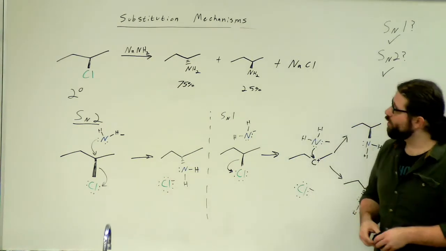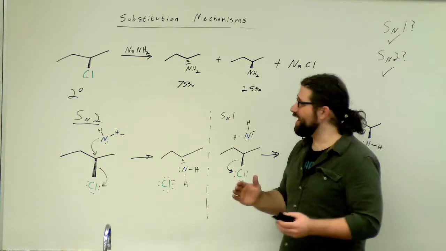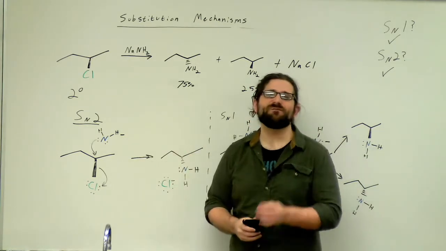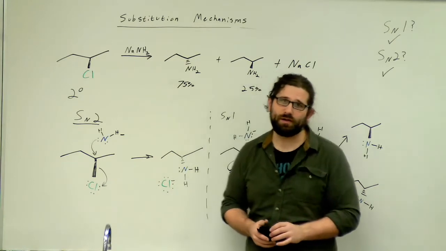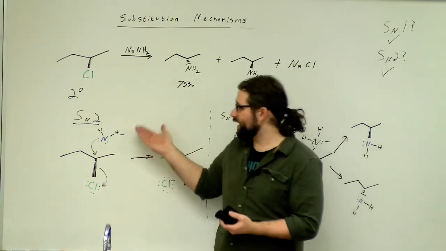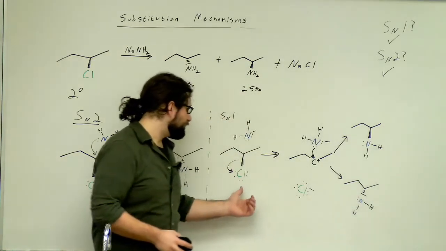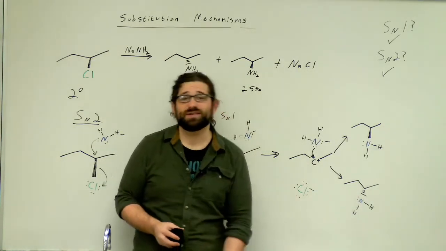In reality, we're going to lean a lot heavier to the SN2 mechanism here because this azonide is a very strong nucleophile. So it's going to be very likely to go through that SN2. It's not really going to wait for that chlorine to leave before proceeding according to the SN1.